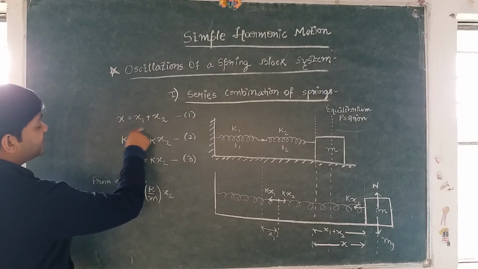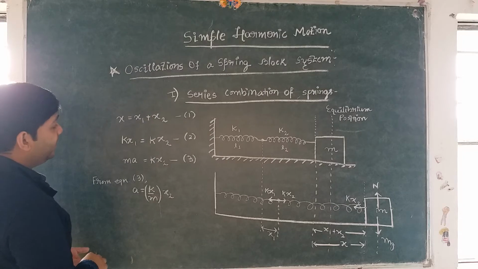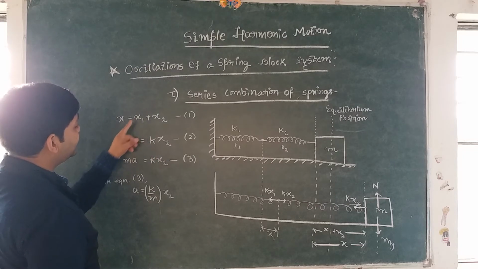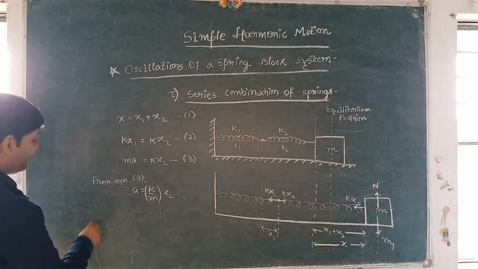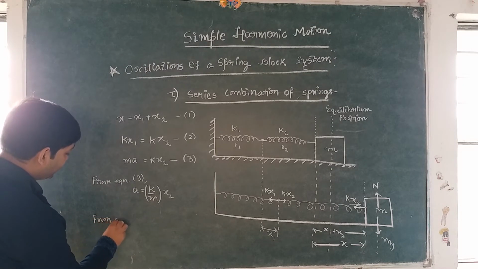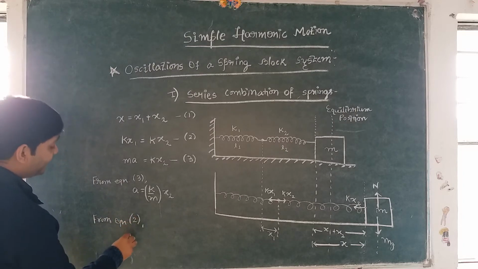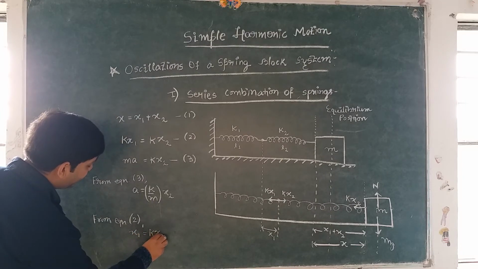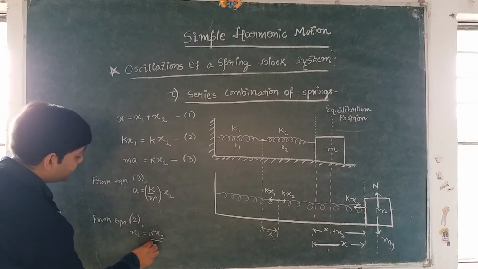So we can use this equation and this equation. From equation 2, you can substitute the value of x1 in this equation. So from equation 2, you can write x1 is equal to k2 x2 upon k1.